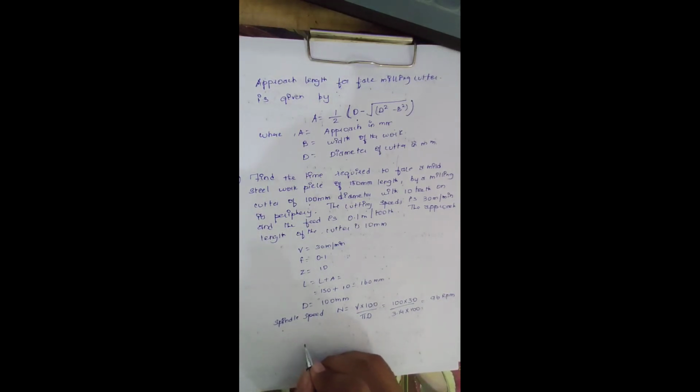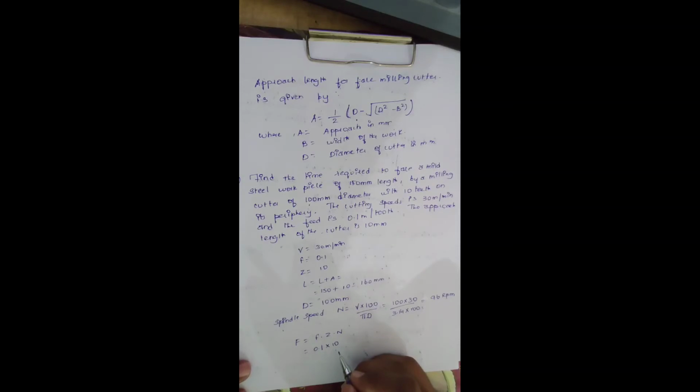Now we have to calculate the feed rate. The formula is F is equal to small f into Z into N, where small f is 0.1 and Z is 10.